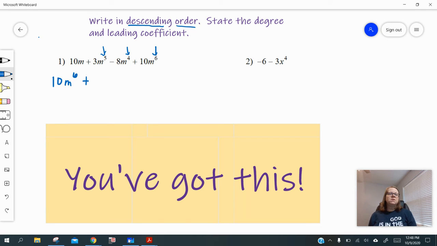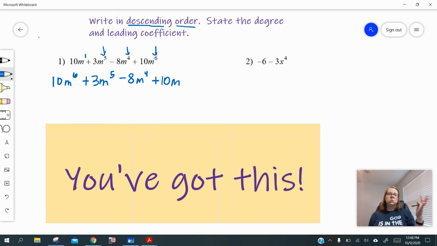Then from 6, it goes down to 5. There's a 3m to the 5th, and it's positive. Then the 4th, so negative 8m to the 4th, or minus 8m to the 4th. Then there's not a third, there's not a squared. And then there's this m. Understand that's an m to the first. It's understood to have a little 1 there, even though you don't write it. Then 10m, so that's plus. It would say minus or negative if it was a negative.